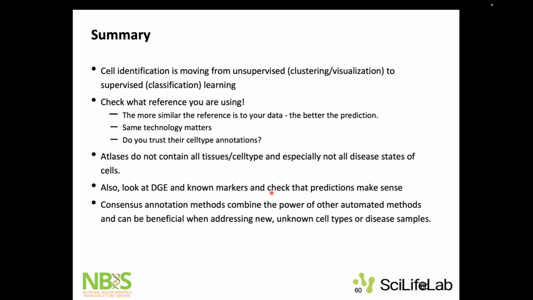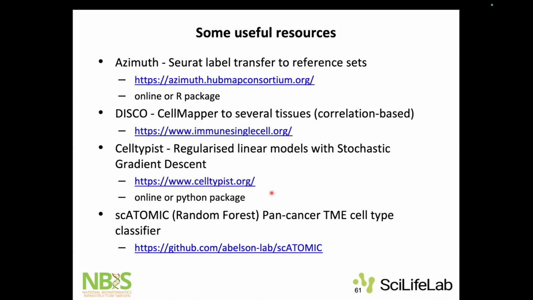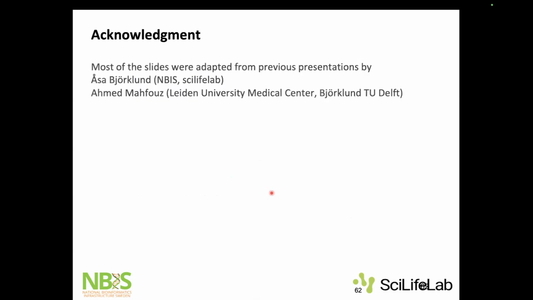That can be beneficial when addressing new data sets, new cell types, unknown cell types, or disease samples. There are also some general resources that you can look at if you want. And also acknowledgement again, Osa and Ahmed for the slides.